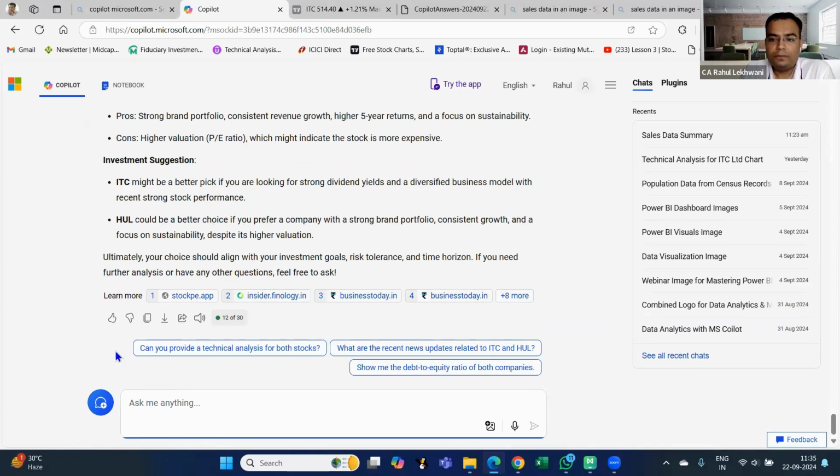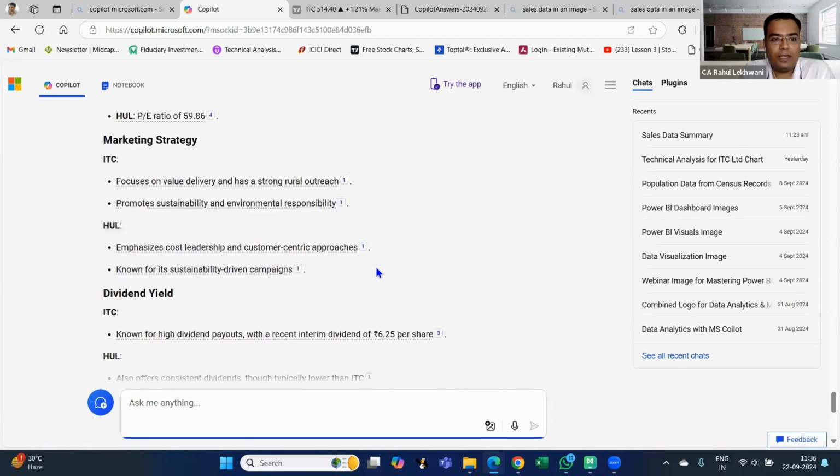Okay, let us take two shipping stocks, Mazgaon Dock and Cochin Shipyard. Let us do a comparison of both and see where I should invest.